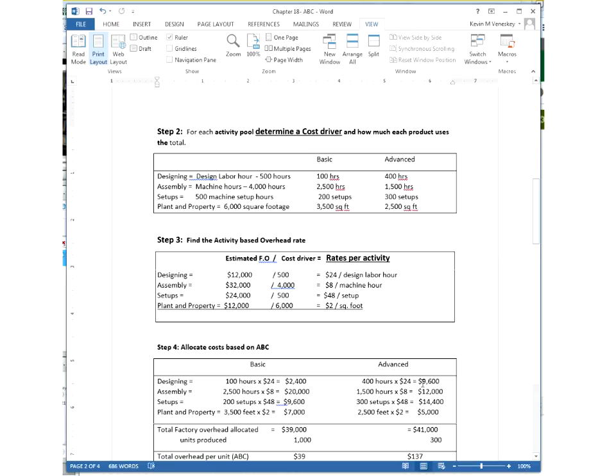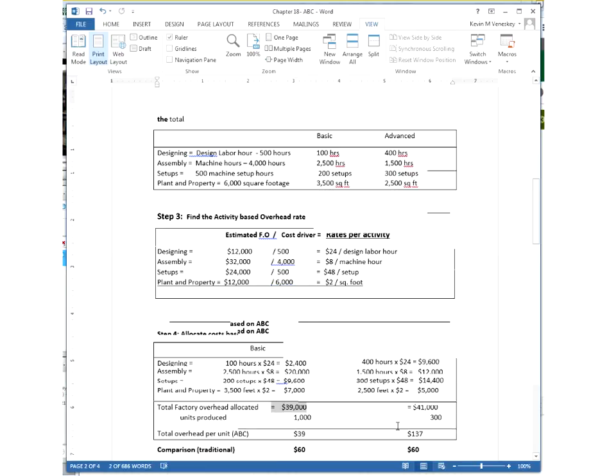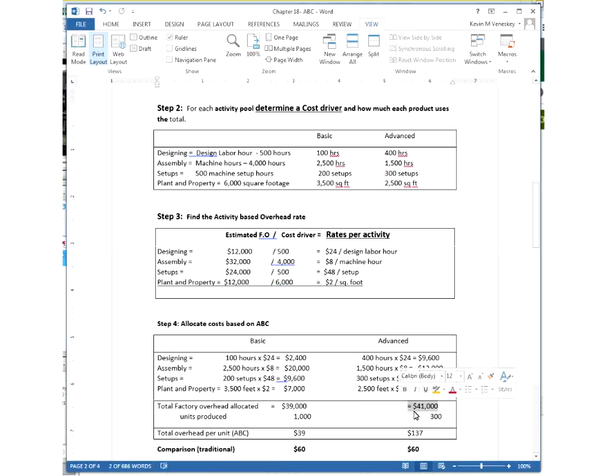If we add up all the rest of these as you go through, let's just look at one more here. 2,500 hours at $8 per hour, so that's $20,000 for the basic. We do that for the other two. That's a total factory overhead of $39,000. And then we add up all these for the advanced, it's $41,000. These two added together better be my total of $80,000 of factory overhead, and it is.